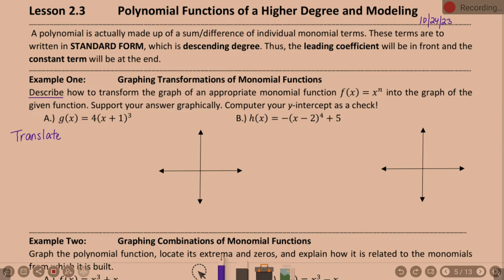Translate or shift. Translate graph of y equals x to the third, left 1 unit, and vertical stretch by a factor of 4.